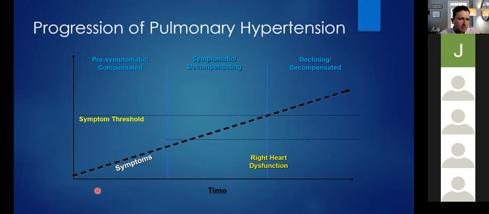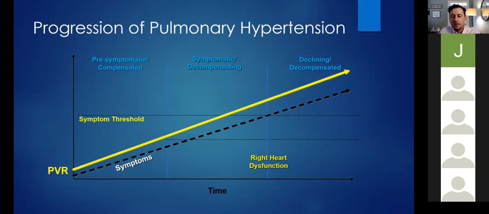On this graph, the x-axis is time, and the symptom threshold is here. As the vascular pathology of pulmonary hypertension progresses, through intimal proliferation within the arteries, hyperplasia and fibrosis, you're going to have a slow, steady increase in your pulmonary vascular resistance.